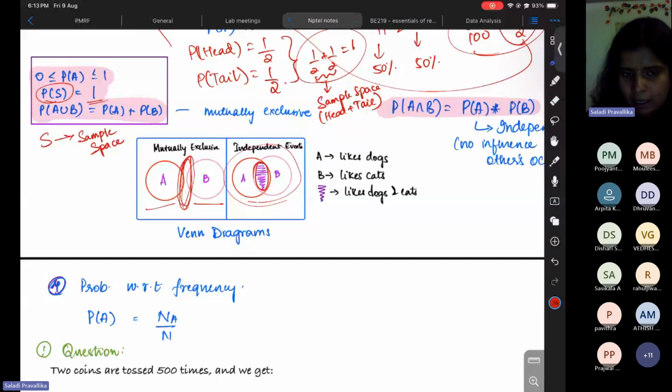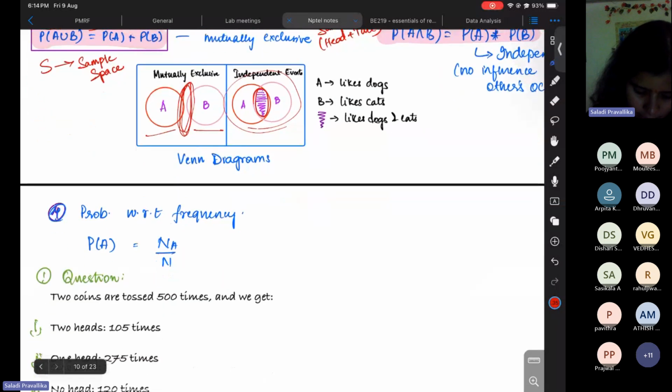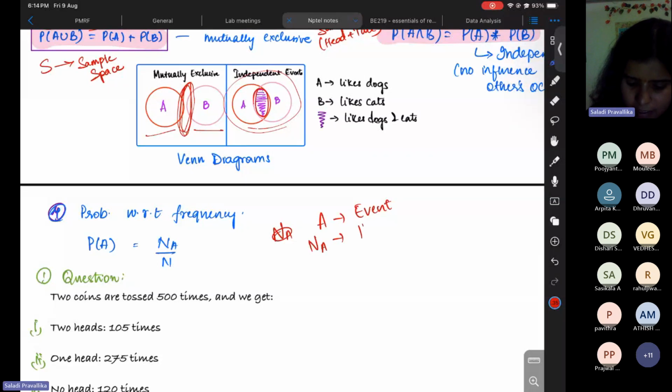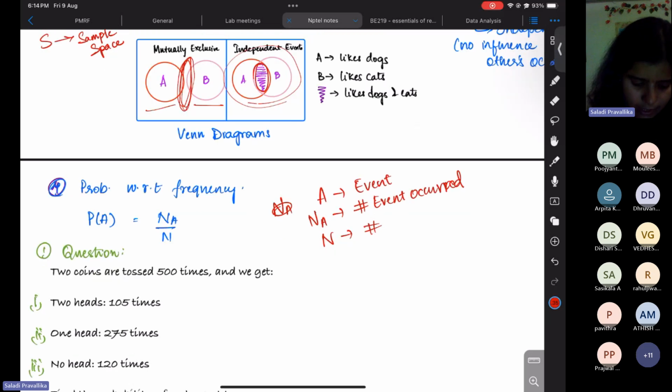So instead, what I can do is write P of A is equal to N of A by N. So if A is some event, then N of A is the number of times that event has occurred. And N is the total number of times we have conducted that experiment.